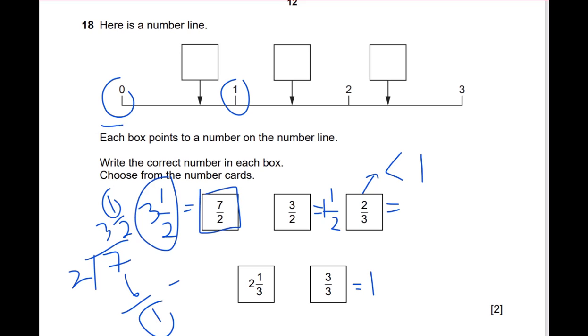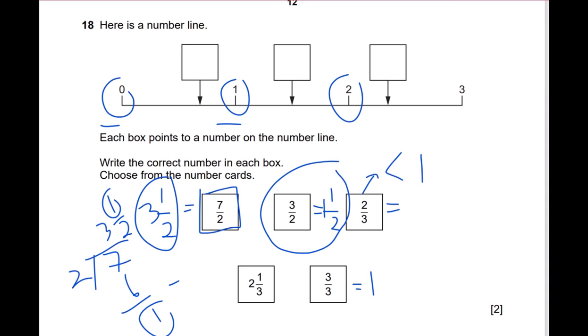Now, between 0 and 1, we have to choose the one that has that value. Between 0 and 1 means less than 1. The one that is less than 1 is only this one.